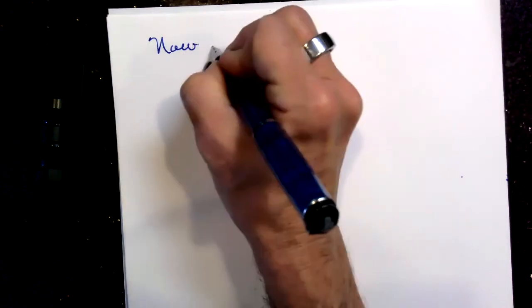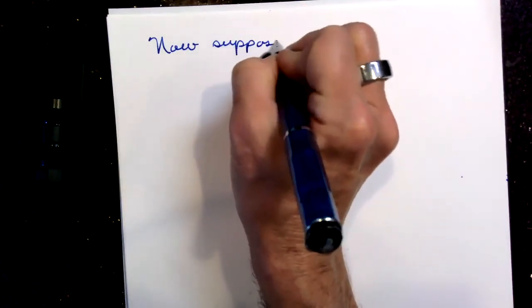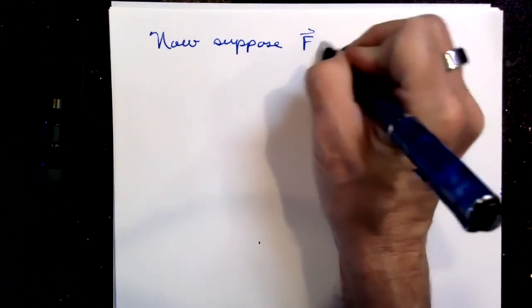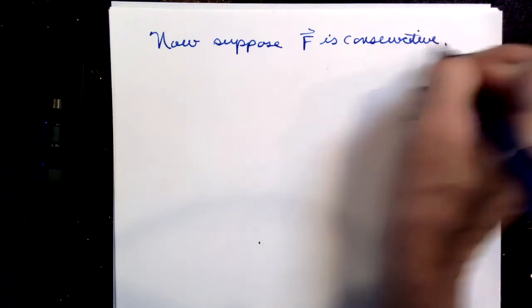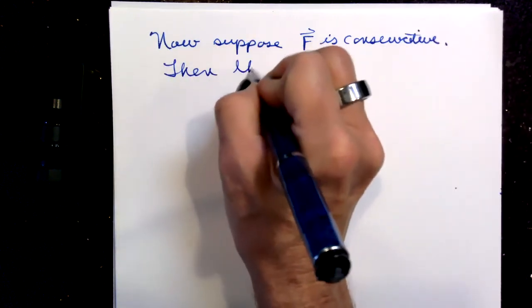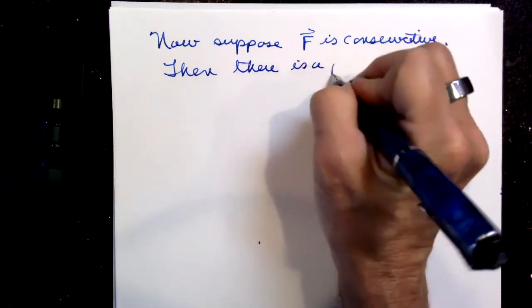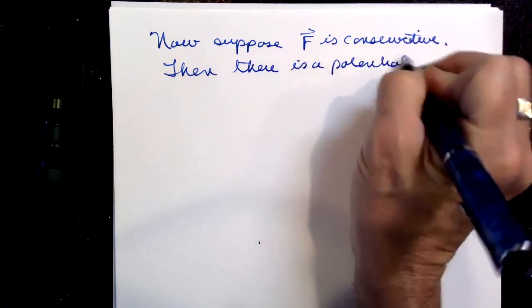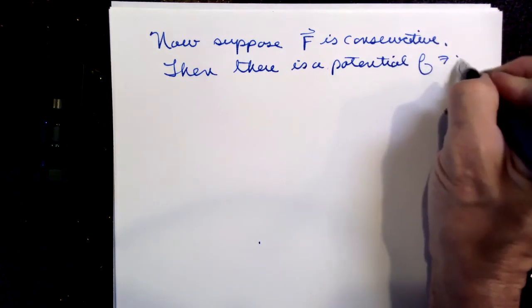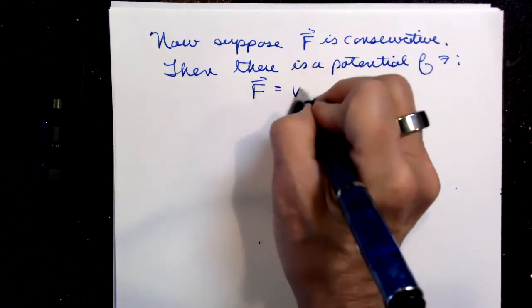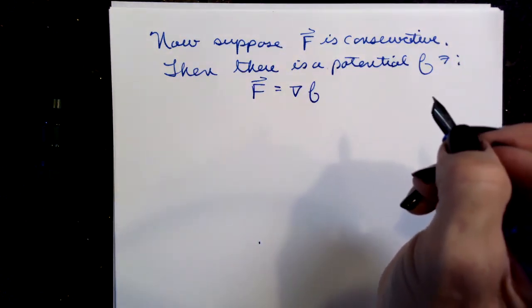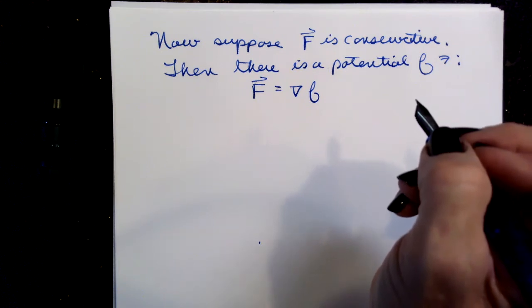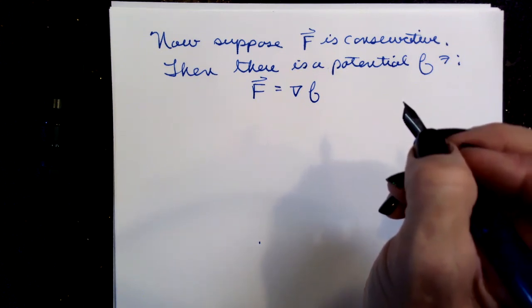But now suppose capital F is conservative. Then there is a potential little f such that capital F is the gradient of little f. Unfortunately, as usual, mathematicians and physicists do things in a slightly different way.